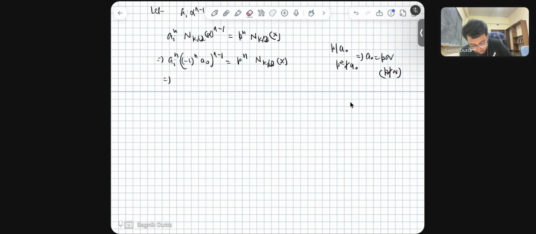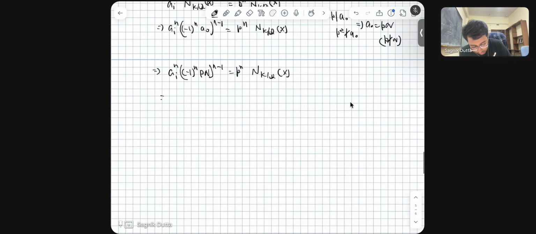This is just obvious. This is p q to the n minus 1, p to the n times something. You cancel out. There is exactly n minus 1 number of p in this expression, so you cancel them out. There is the p here and x. Now this is done, right?